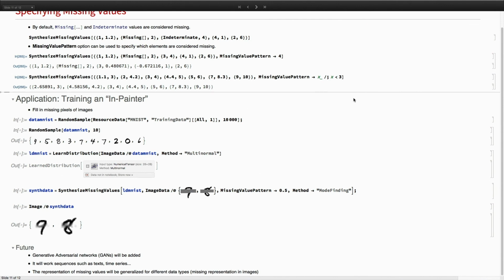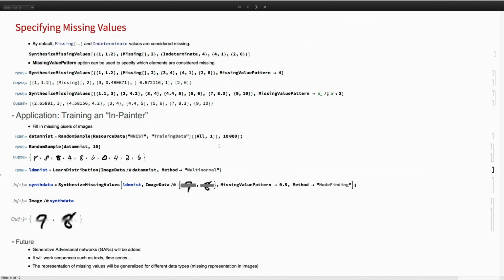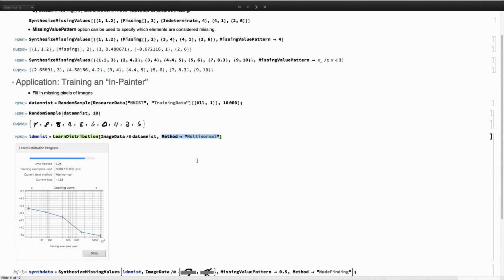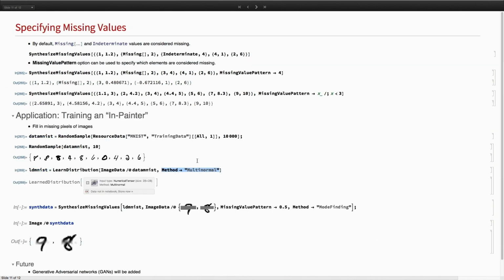Let's look at one application here, which is inpainting. If you have a cropped image and you want to paint that image, I do it on the MNIST data set, and just a subset of that to be fast. Again, I learn a distribution. I also specify what method to use. If you don't do that, the automation would find the best method based on the cross entropy.